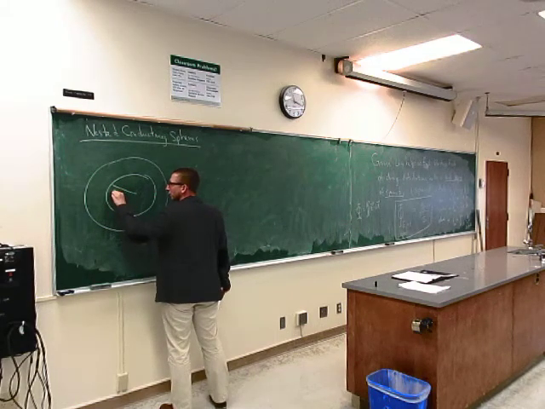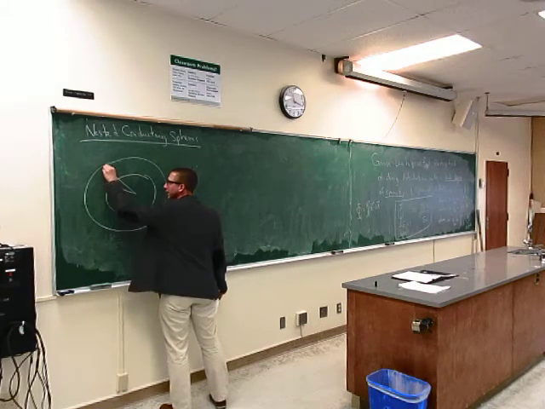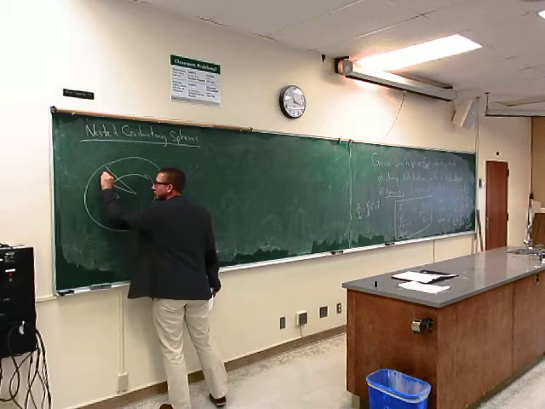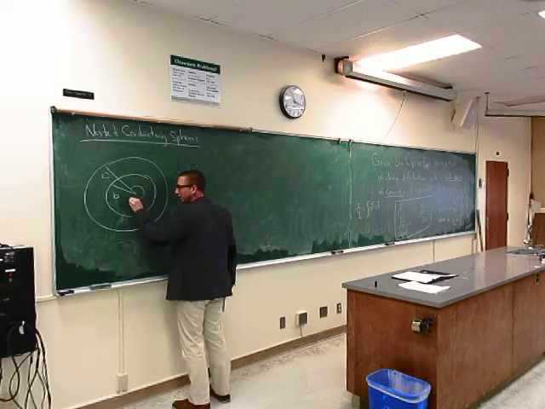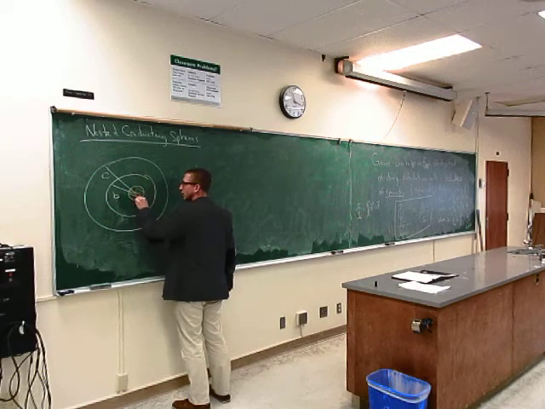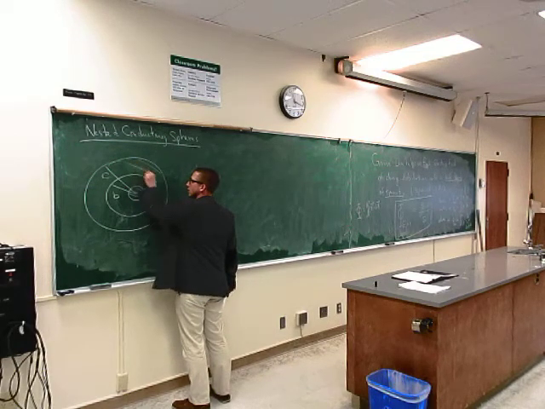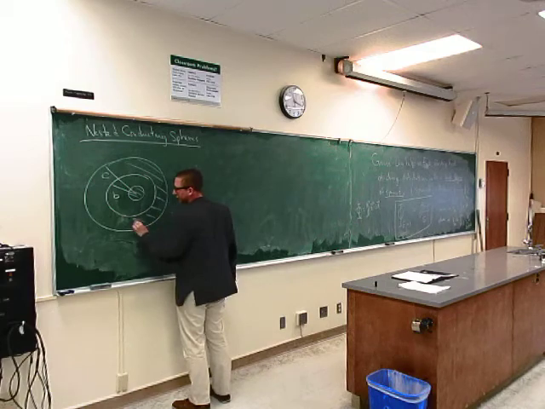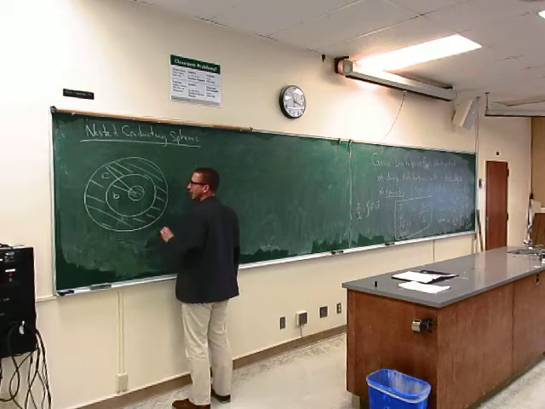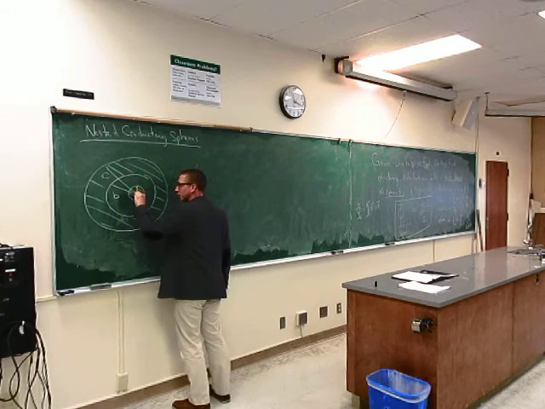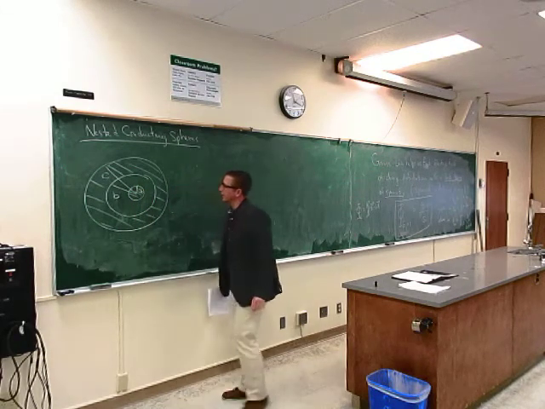The inner radius is b, the outer radius is c. And then right at the center of this sphere is another sphere, and this sphere at the center is not hollow, it's a solid sphere. And this one has radius a.